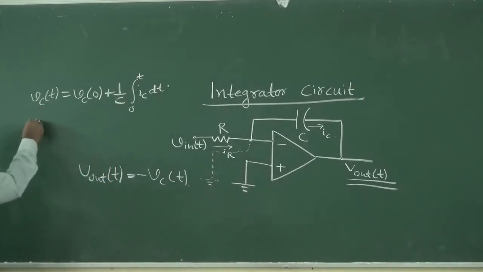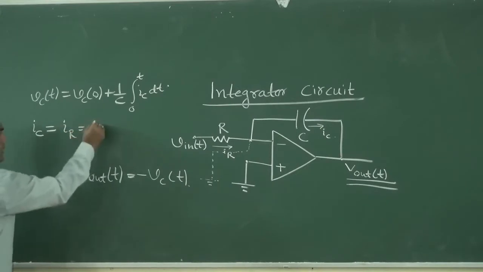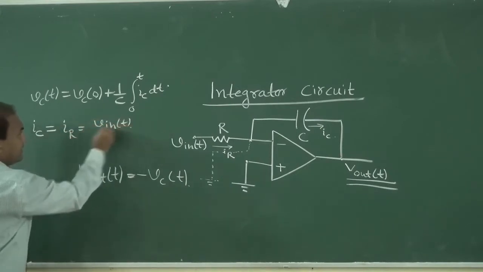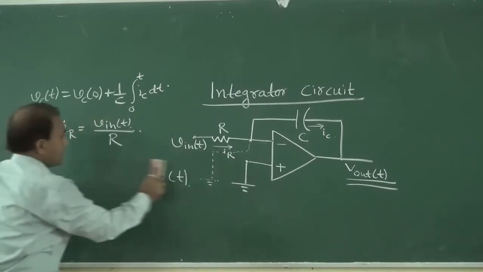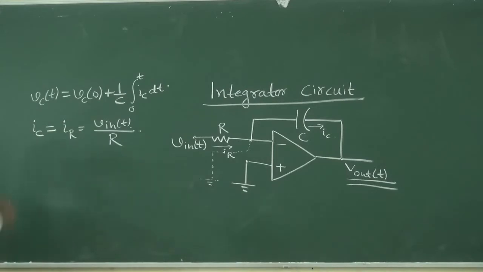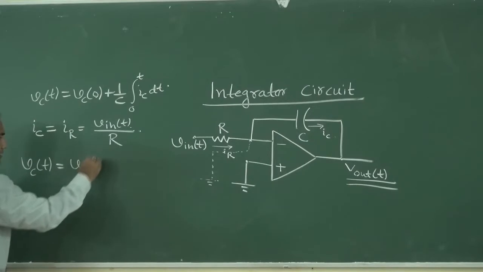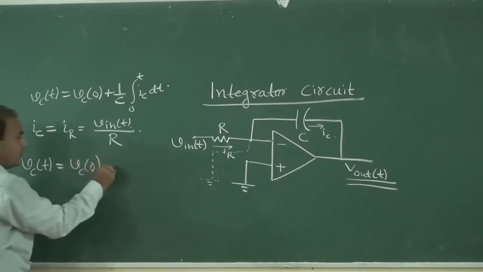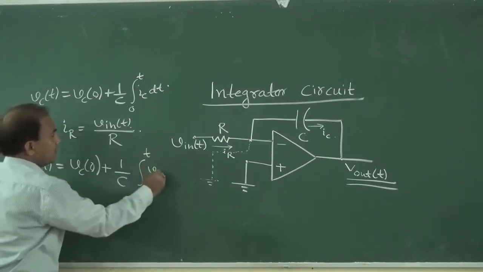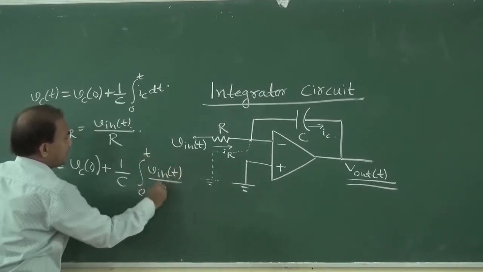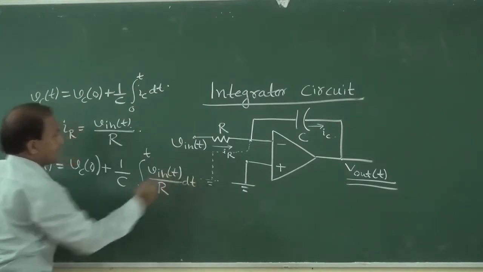Now we have just seen the expression for IC: it is equal to IR and equal to V in of t divided by R. So VC of t is equal to VC at t equal to 0 plus 1 by C integral of 0 to t V in of t divided by R dt.